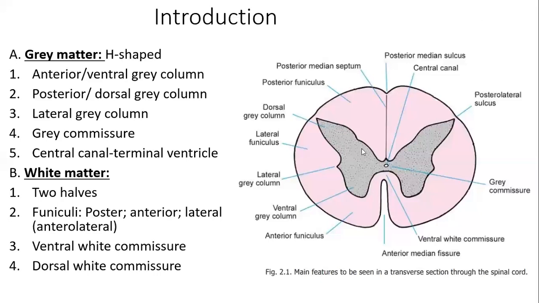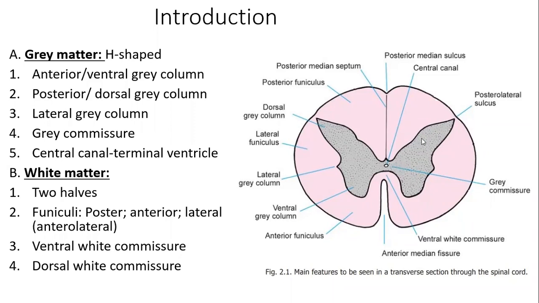What about gray commissure? What is gray commissure? Where is it present? What is its function? Gray commissure, as I described earlier in the start of the lecture, forms the stem of the H shape.